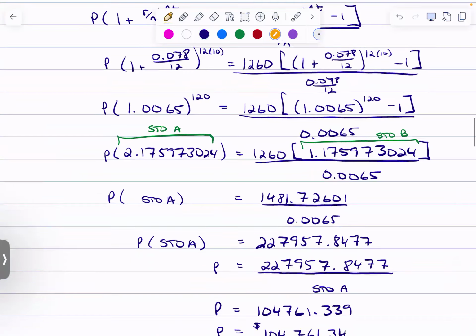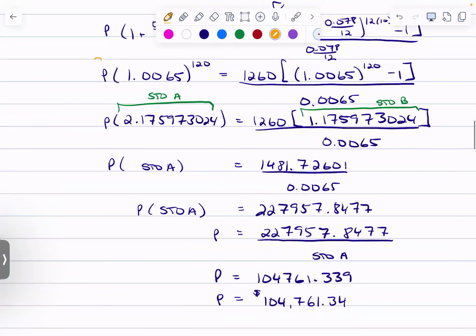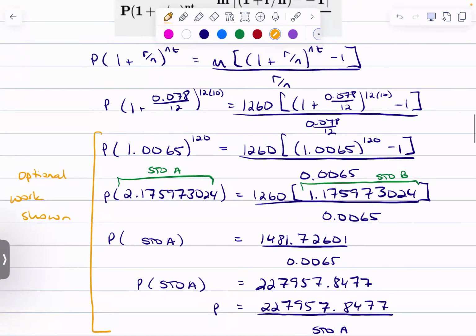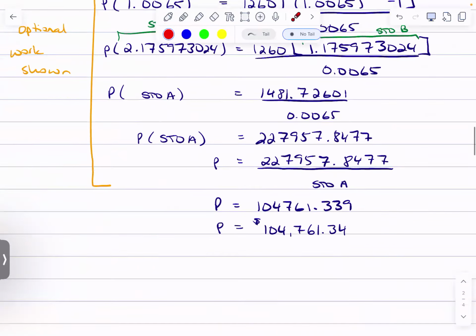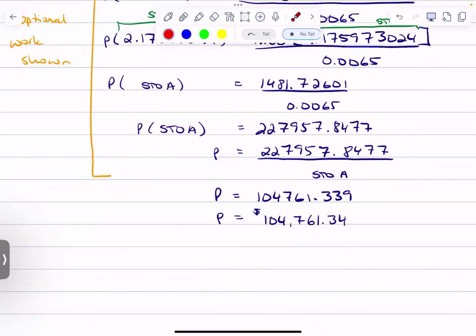I will say that up until here, this is optional work shown. So you don't need to show all those, but what does that also mean? It means you have to show those first 2 rows, so I need to see that you know which formula to use. I need to see that you've plugged in the appropriate values, right? And then it doesn't matter, because some people are just really quick at the calculator, so that's fine.